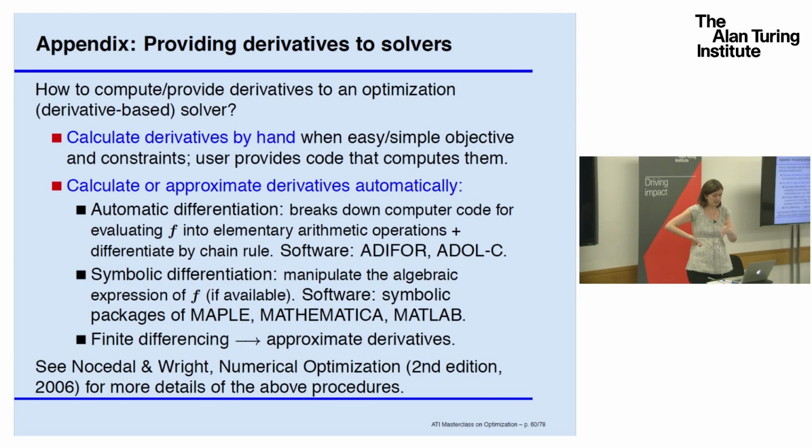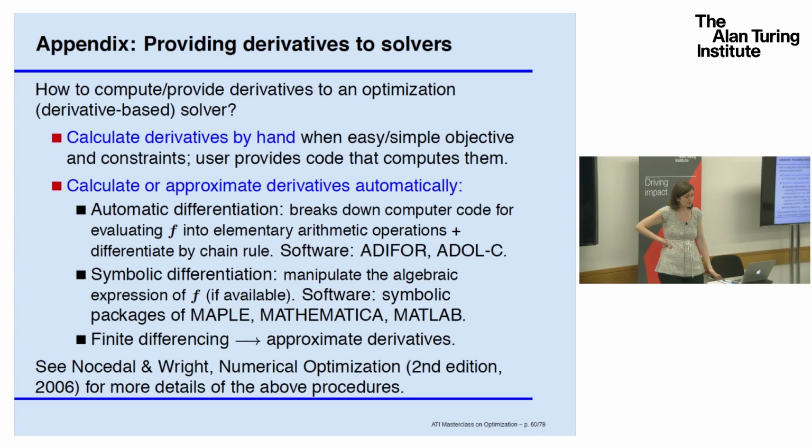So finite differencing is another approach. And I would say if you have a problem and you can compute at least gradients accurately, directly, or through one of these tools, including finite differencing, derivative-based methods would, in general, give you the best performance compared to the methods I will talk about next.